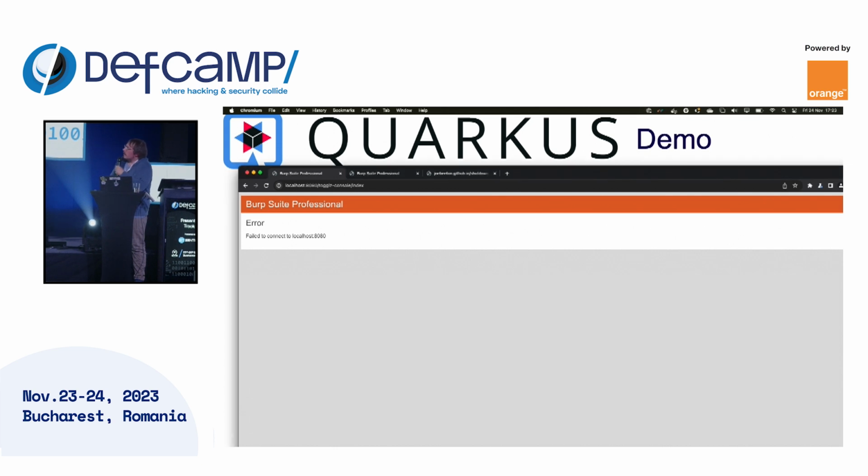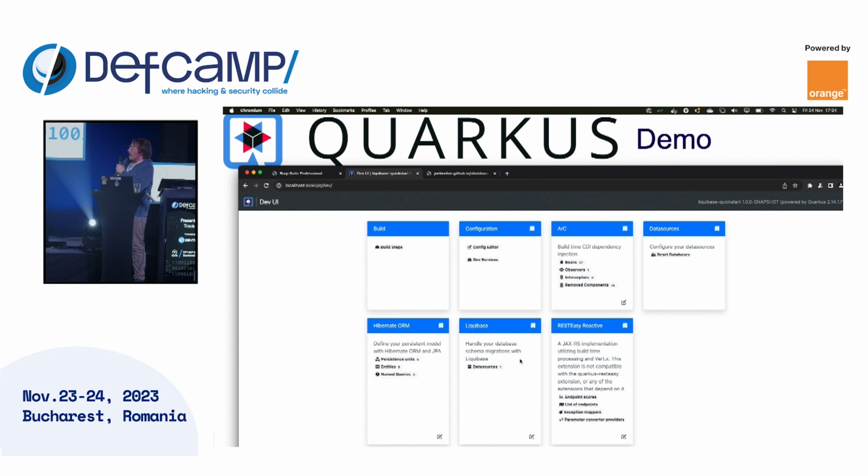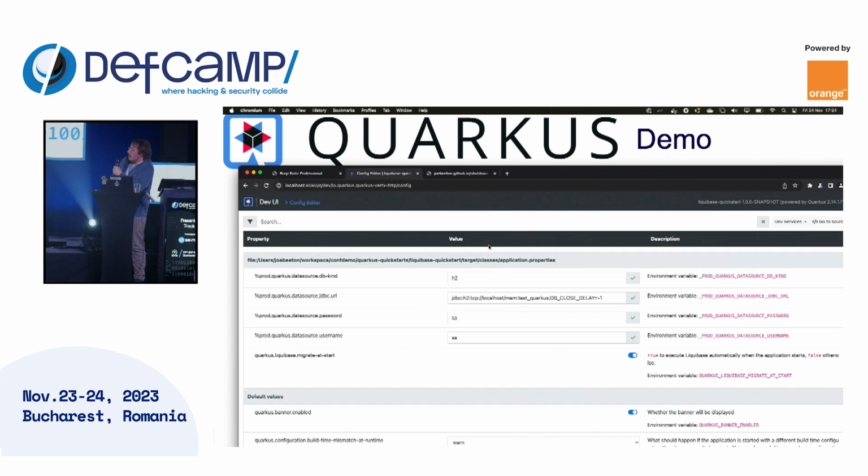So let's see. Okay, so this is their UI. Go to config editor. So this is what we're going to be hitting. Currently, it's using an in-memory database as well.